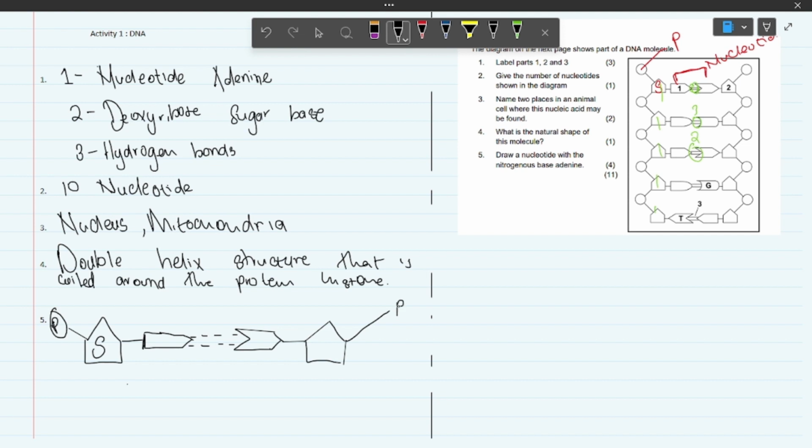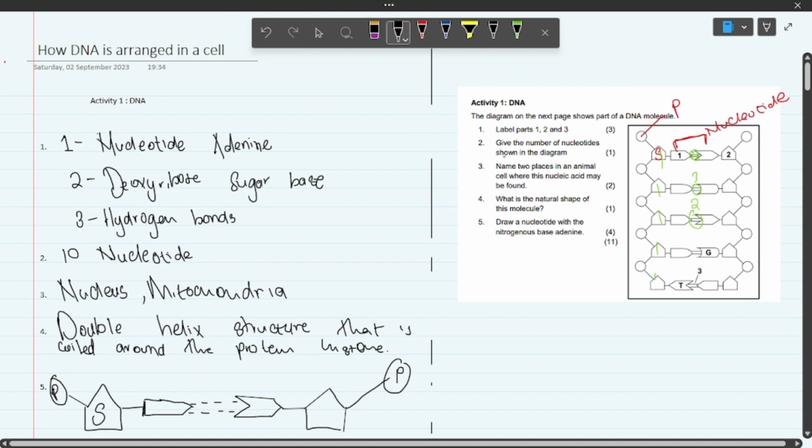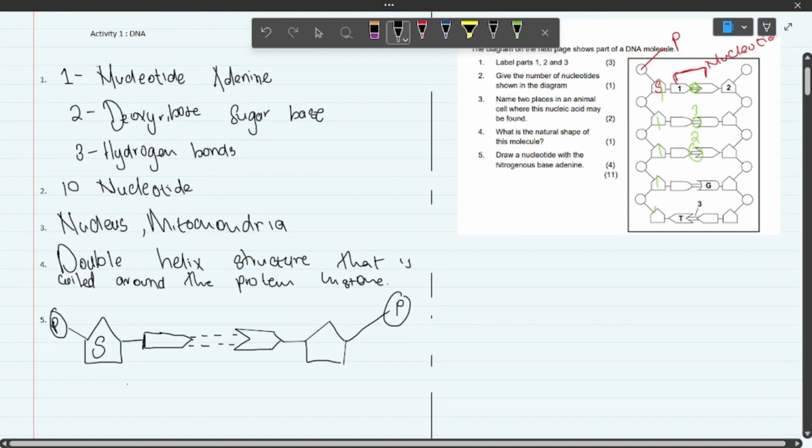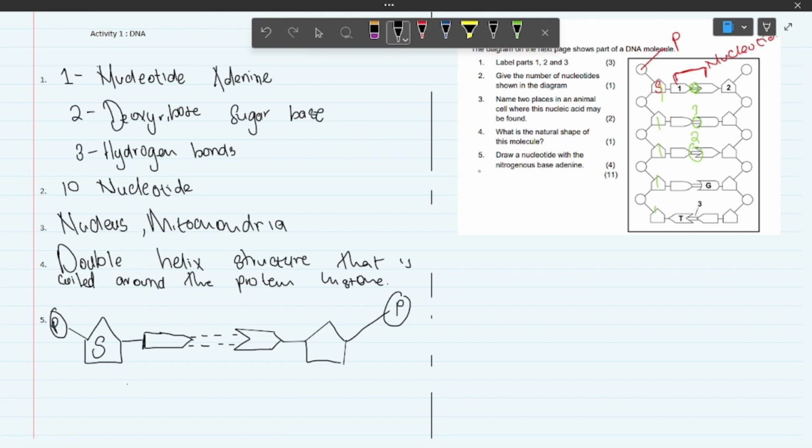Another phosphate group. So guys, this is our diagram. We have drawn a nucleotide, which means the monomer of DNA. Right, here is the nucleotide drawn for number 5, with our nitrogenous base being adenine, here is adenine.